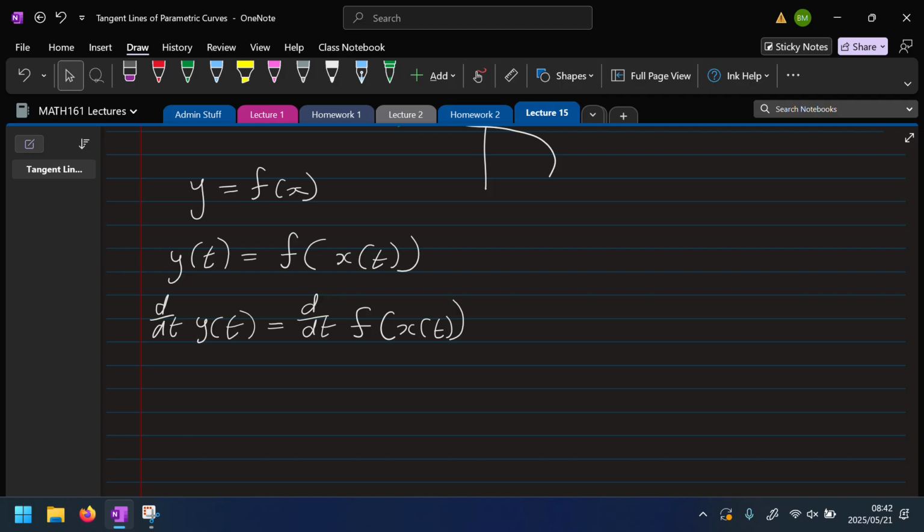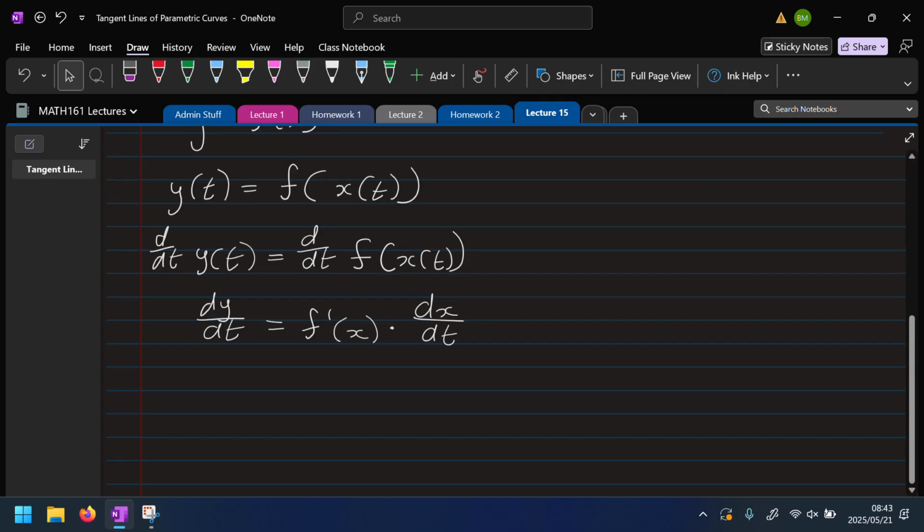Now d by dt of y of t, we can write that as dy by dt. And now on the right-hand side, we need to use the chain rule, because we want d by dt of f of x of t. So it's going to be f prime of x times, and then by the chain rule, the derivative of the inside, that's going to be dx by dt.